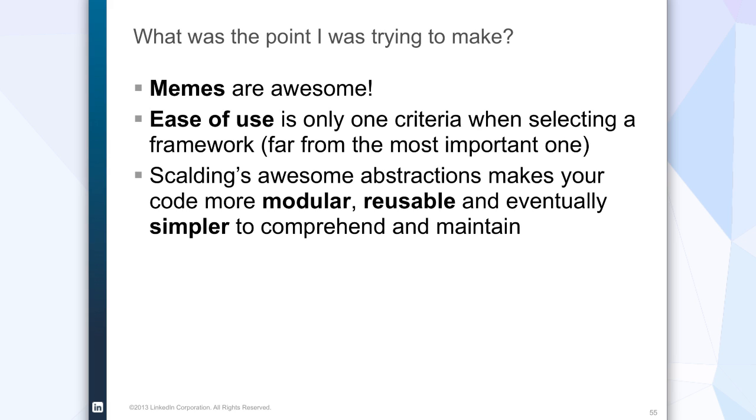The larger point I was trying to make is that the modular, reusable, and eventually simpler approach, and I call it eventually simpler because there is some learning curve to Scala and to the functional concepts I talked about, to this monoid thing, which is just scratching the surface of category theory, and there's a bunch of other stuff that makes us better at what we do.